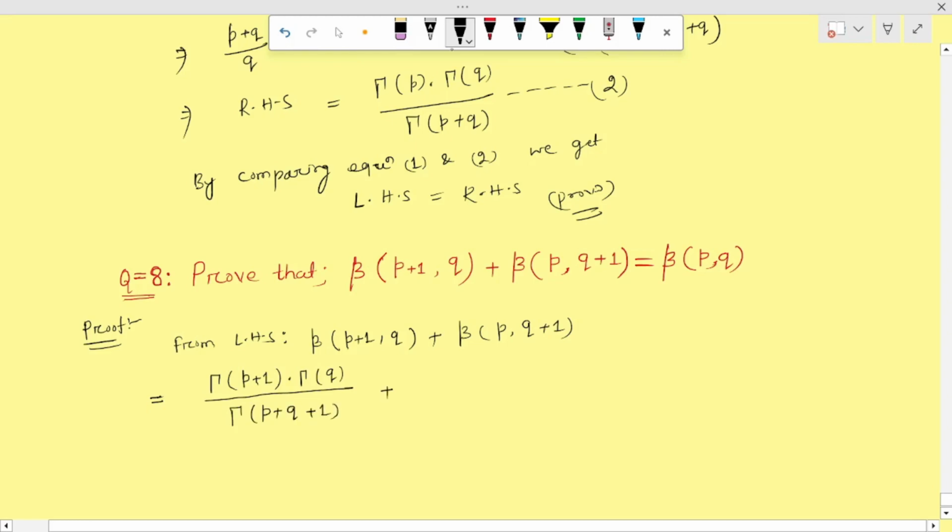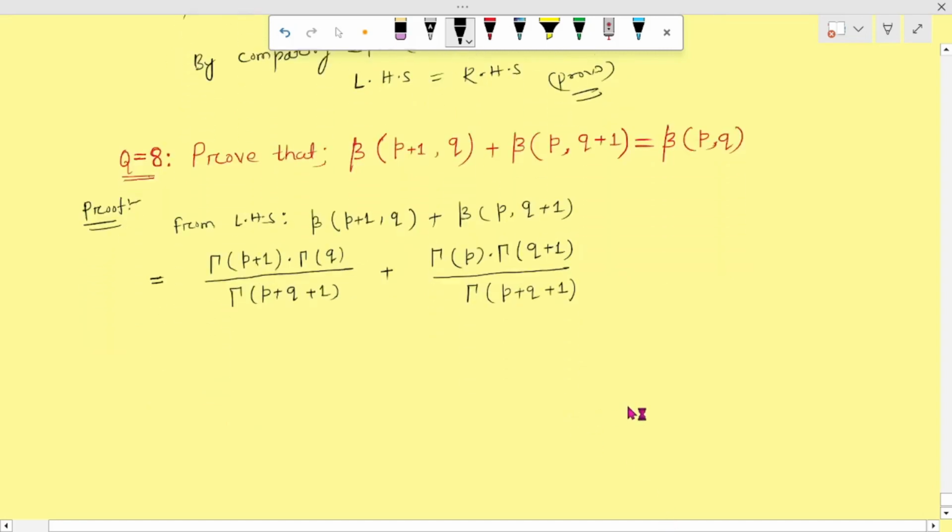Plus this one, beta p q plus 1, will be written as gamma p into gamma q plus 1 by gamma p plus q plus 1, right?